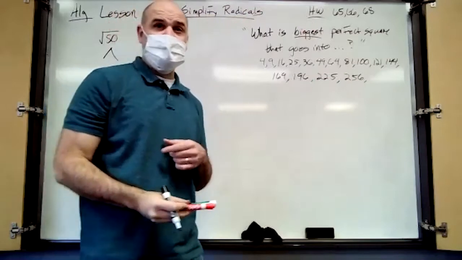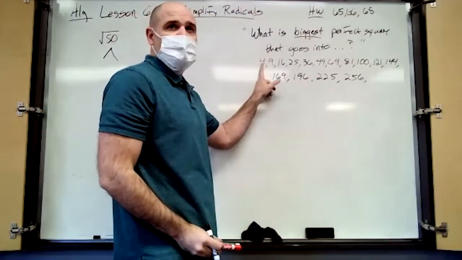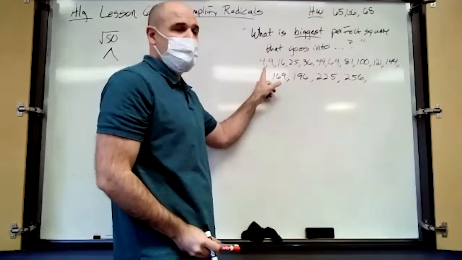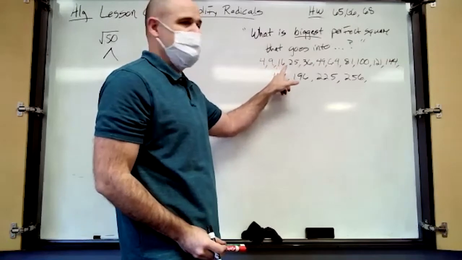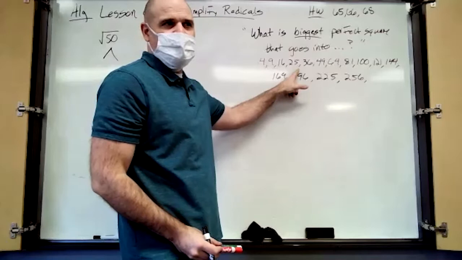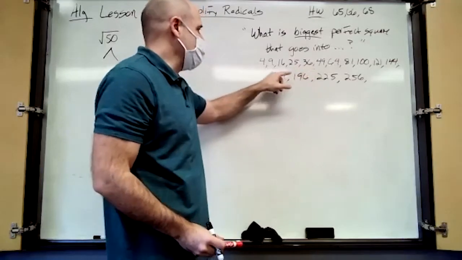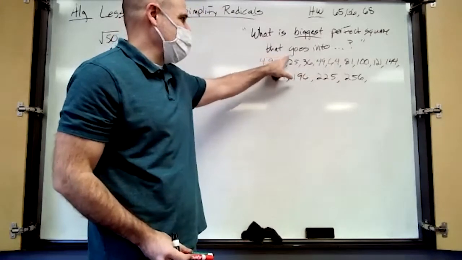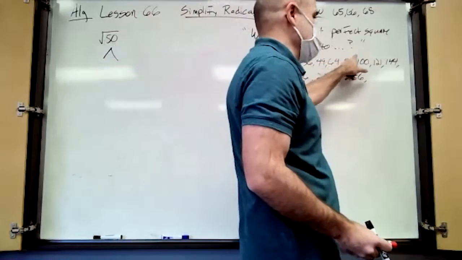There's also a cool pattern here. I didn't realize this until a few years ago. How do you get from 4 to 9? What do you add? 5. How do you get from 9 to 16? 7. How do you get from 16 to 25? 9. How do you get from 25 to 36? 11. Look, add 5, add 7, add 9, add 11, add 13, 15, 17, 19.